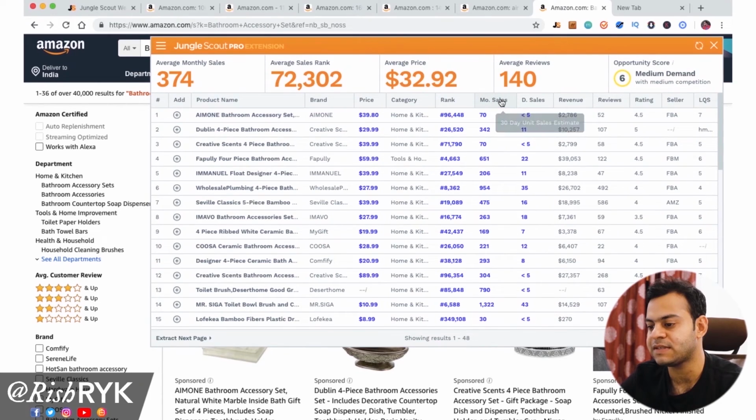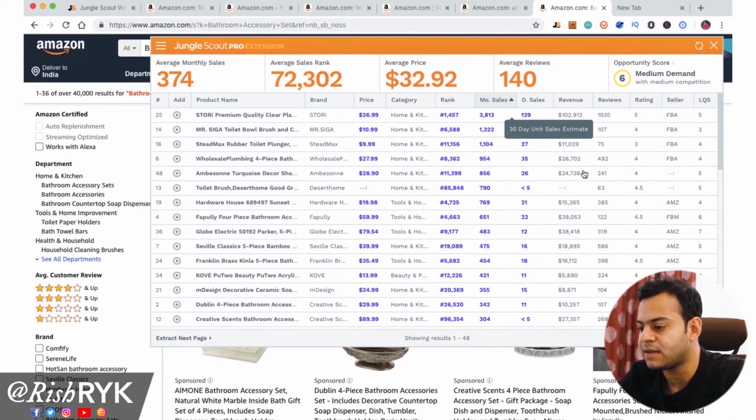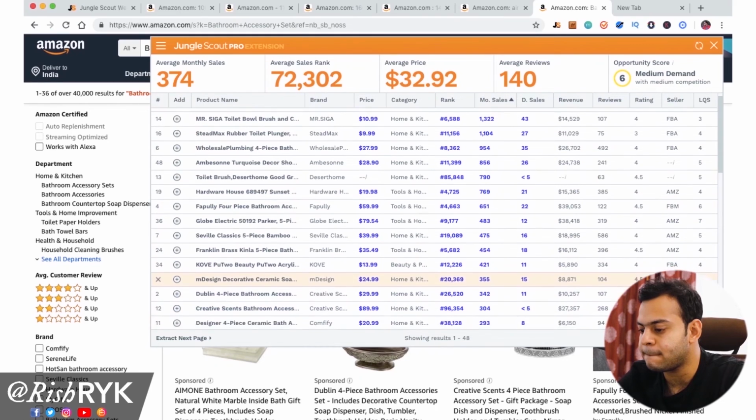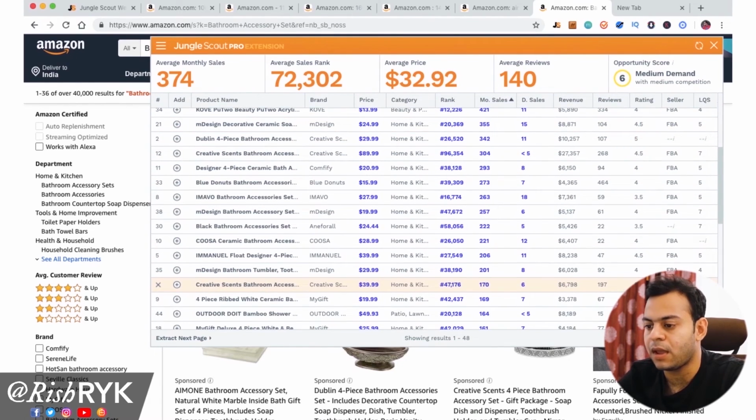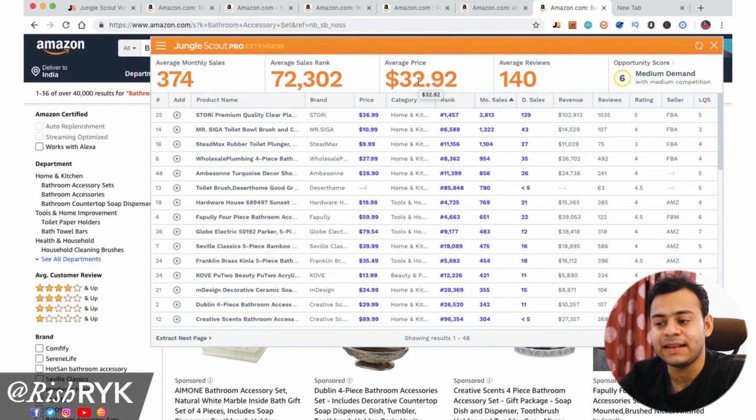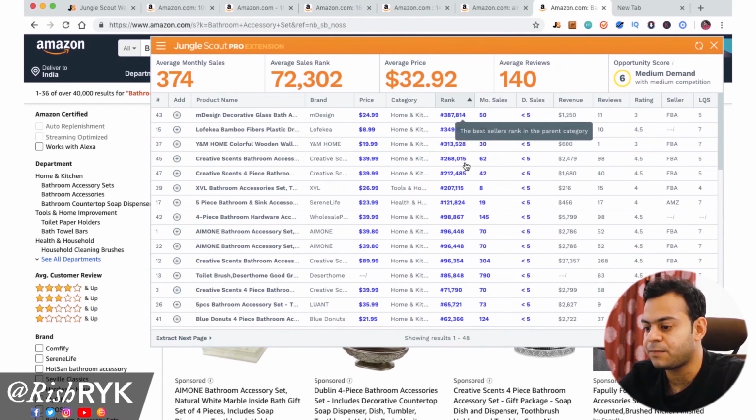I'm just going to sort this by the number of sales. Okay. All right, so this product again certainly seems to be in our price range. I don't think there's a big brand in the market dealing with bathroom accessory sets. There are obviously a lot of private label sellers. The ranks are pretty good.